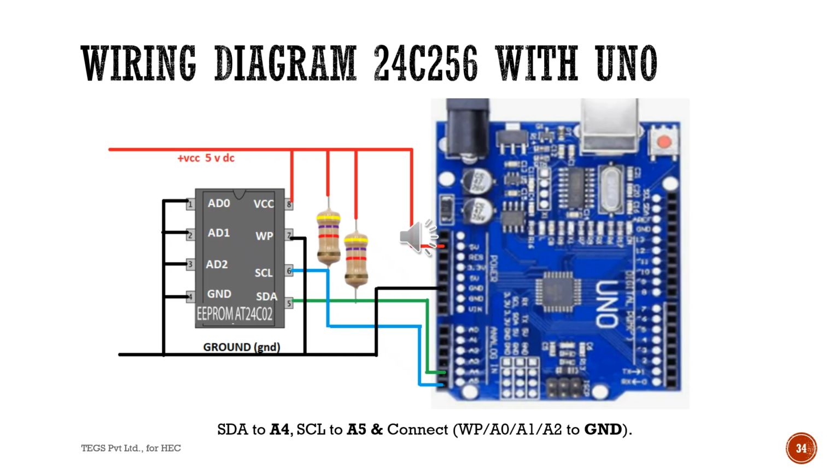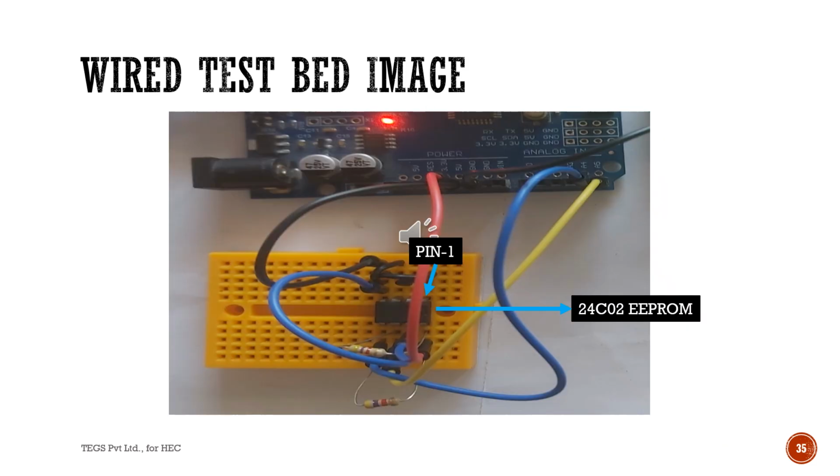The A0, AD1, AD2 decide the address for communication with the EEPROM. This is the photograph of the testing bed developed in breadboard using Arduino Uno and 24C02 EEPROM.